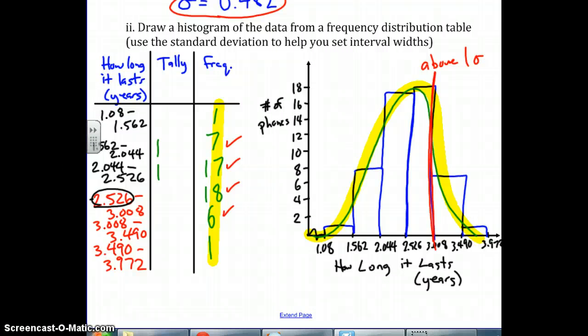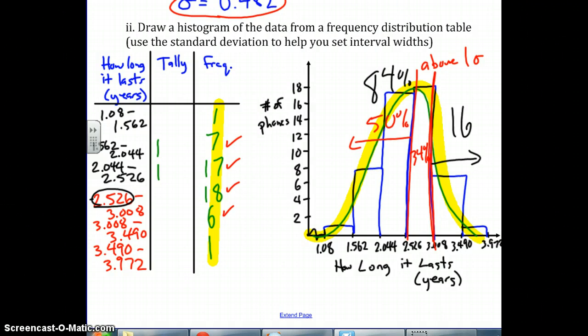Remember that this in here is 34% of the data, and everything on this side is 50% of the data. So basically, we're looking for everything on this side of that. What is the likelihood of that? Well, we've got 50% there, 34% there, so all of this works out to be 84%. So then there's 16% of the phones on this side.